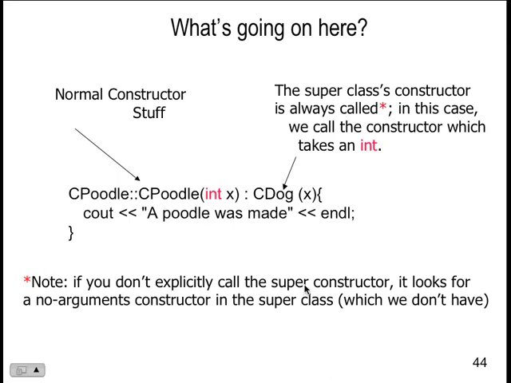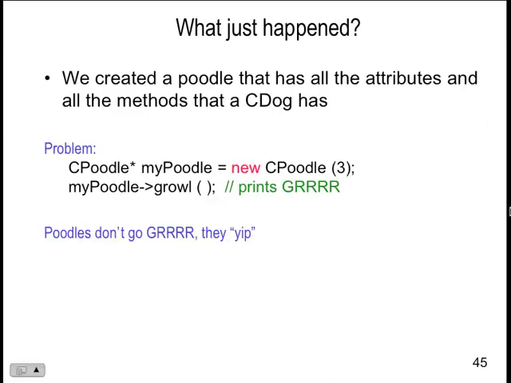So note, if you don't explicitly call these superconstructors, it looks for a no-argument constructor in the superclass, which we don't actually have. That's why we specifically called it, because we don't have a default constructor. So we said this constructor is going to override, it's going to call this one, and it's going to change the behavior, to say a poodle was made instead of a dog.